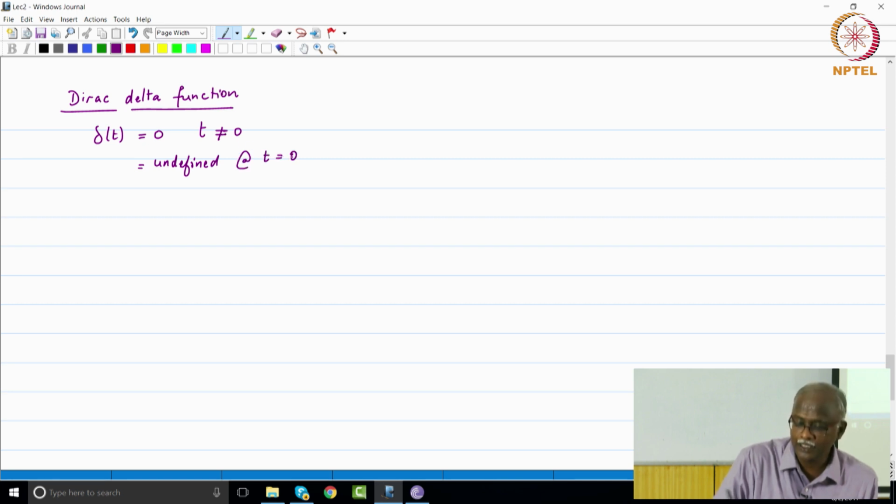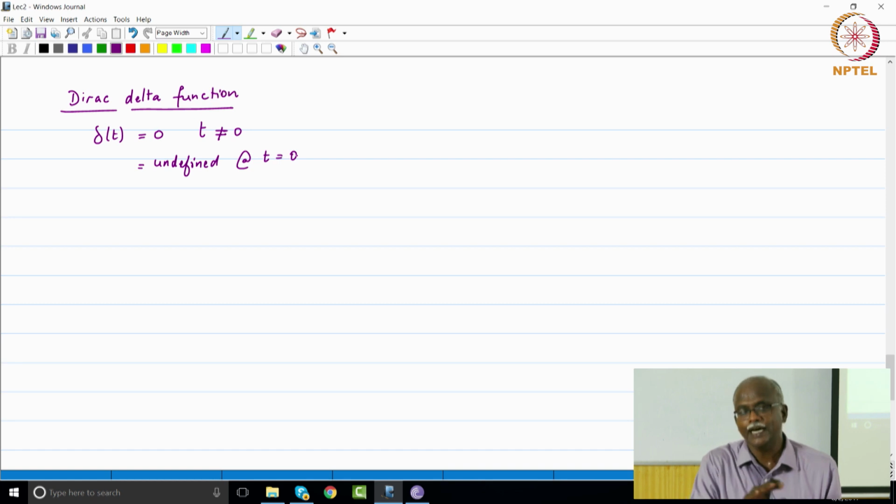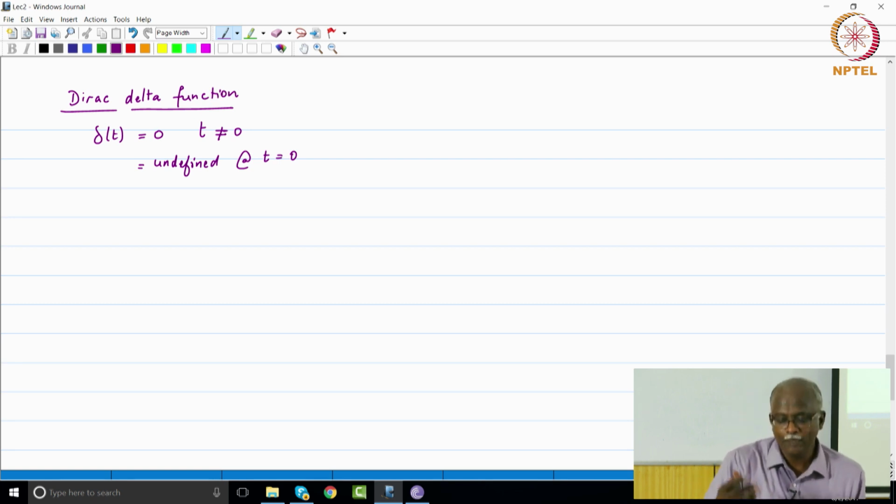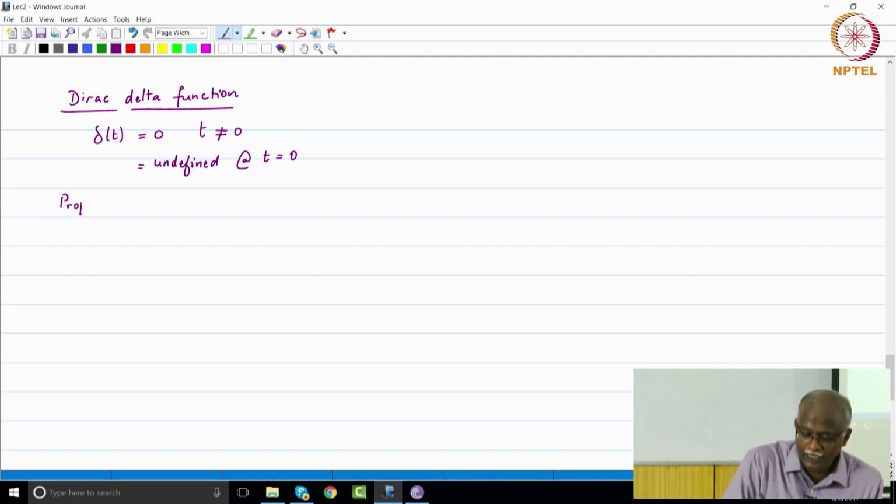So it is a function that has to be specified or defined by means of its properties, because the definition itself says that there is something undefined about the function at t equal to 0. The ways in which we define the Dirac delta are by a series of properties, and basically we will use two properties, the sampling property and the area property.